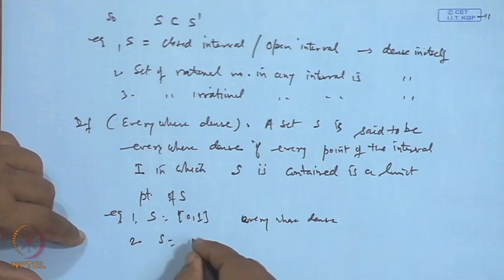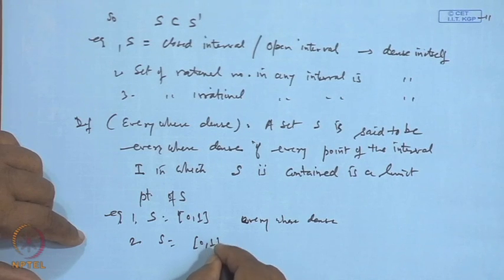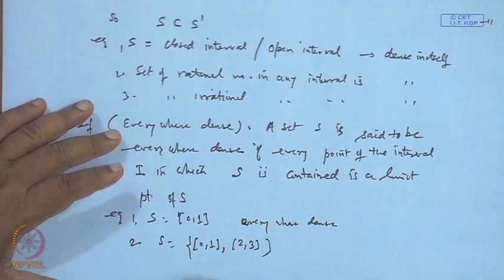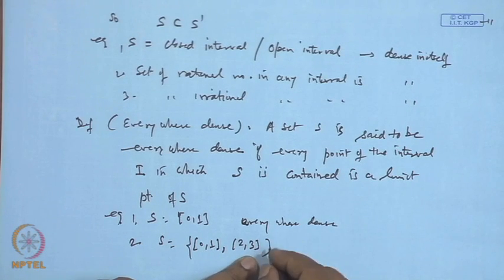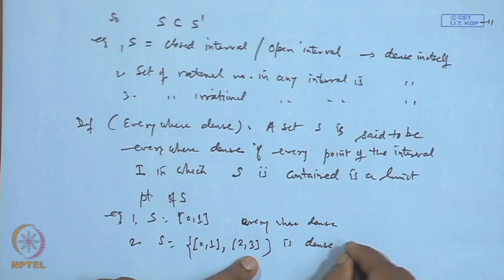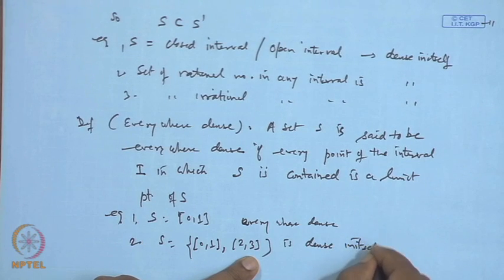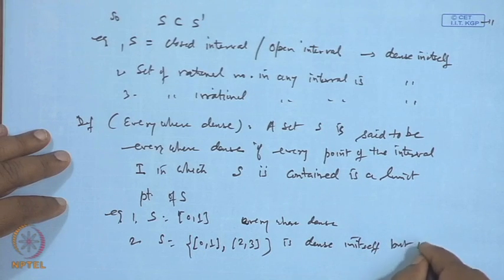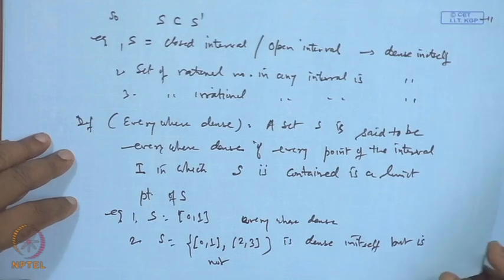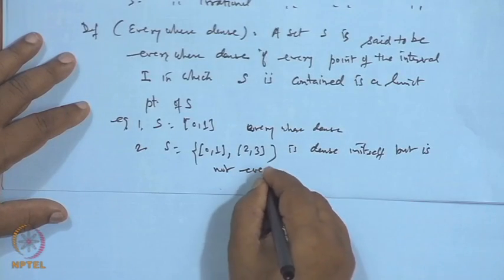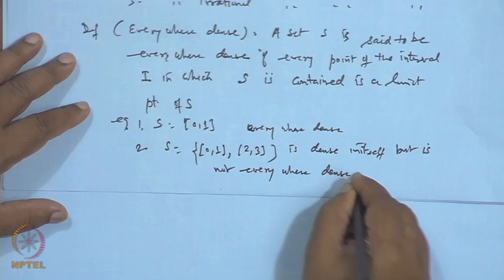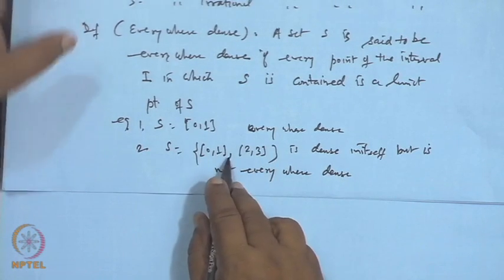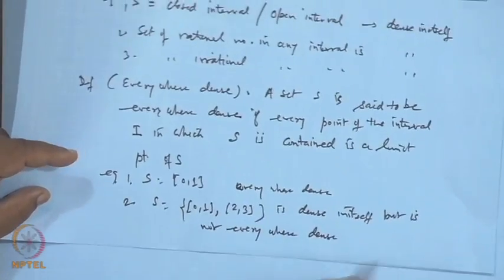But if we take the set S as the union of the intervals 0 1 and 2 3, then this is dense in itself, because every point of this is a limit point, but it is not everywhere dense. Why? Because the interval 0 3 contains points between 1 and 2, which are not limit points of S.